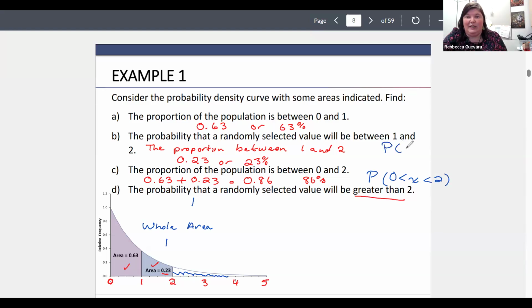This is the probability that x is between 1 and 2, and this is the probability that x is between 0 and 1.